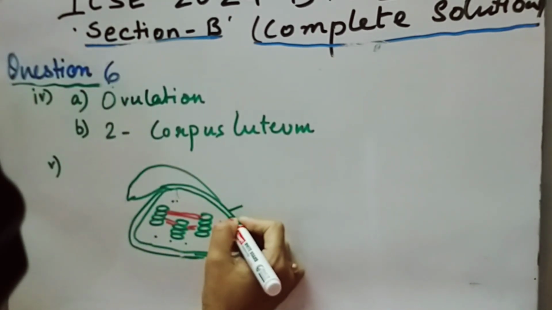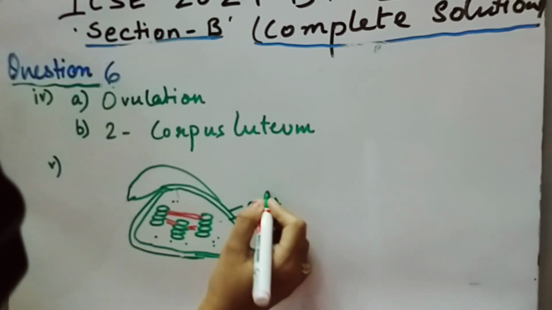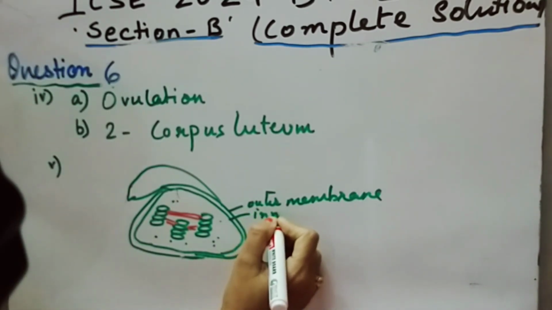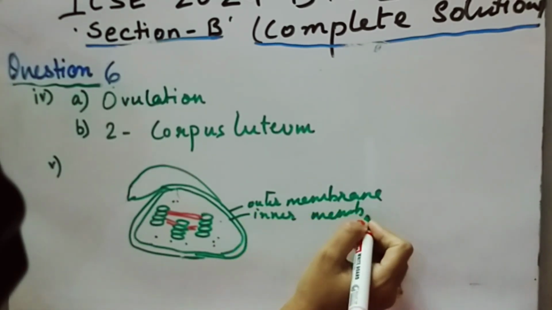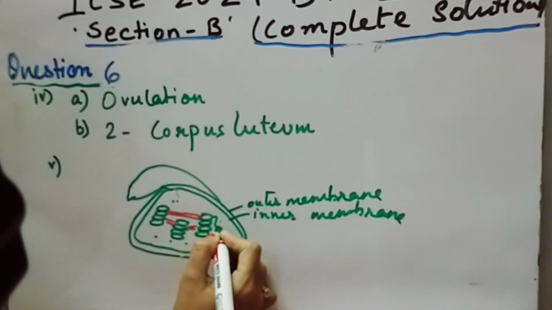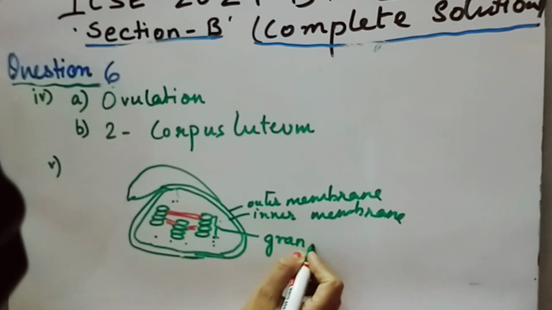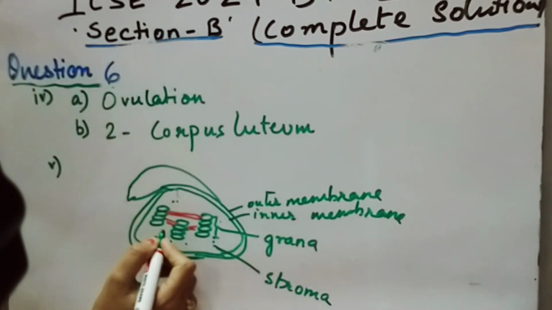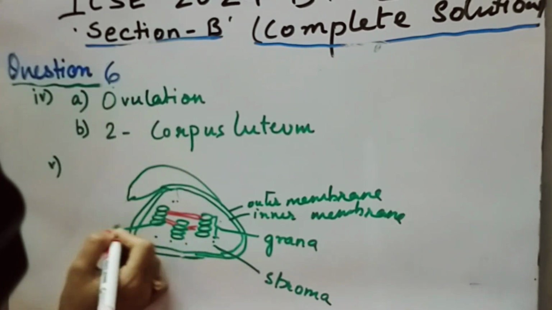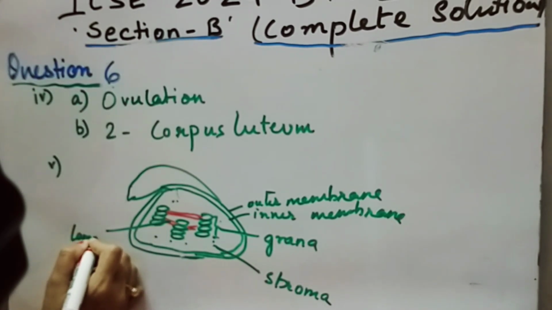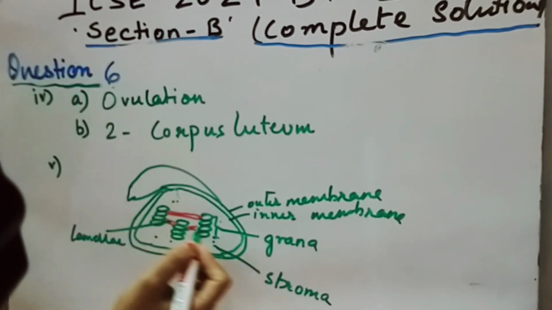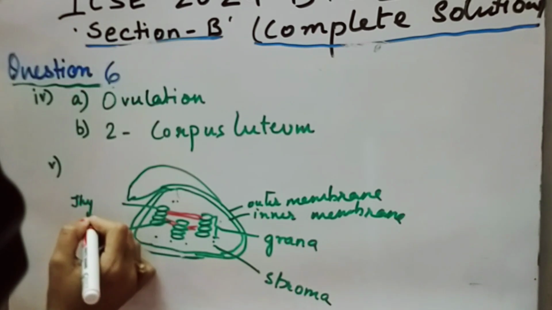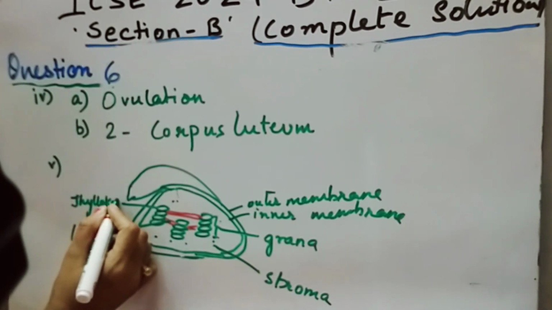This is outer membrane, then this one inner membrane. This full structure is grana, matrix or stroma. This one is lamellae. The individual unit of grana is known as thylakoid. So any 3-4 labelings you have to do.